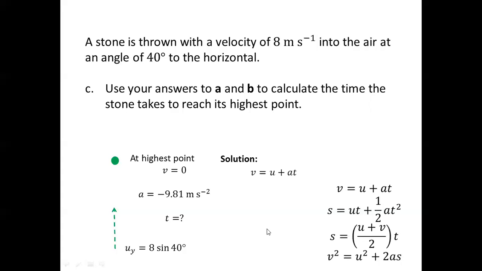Using this equation and manipulating it to solve for time, we then obtain this. Substituting the given values, we get 0.52 seconds for the time. This is the time it takes for the stone to reach its highest point.